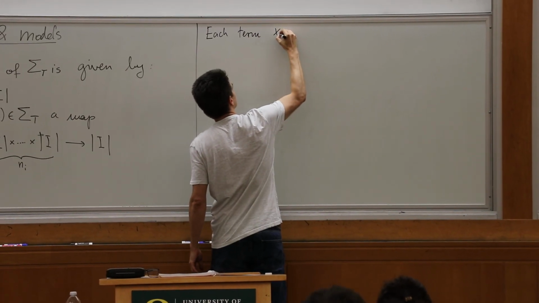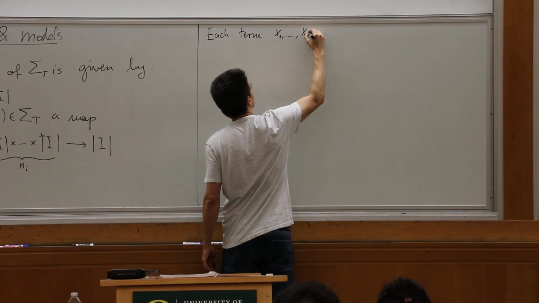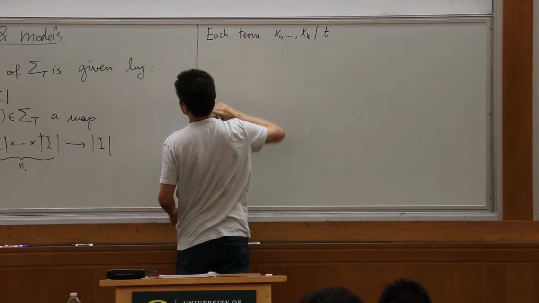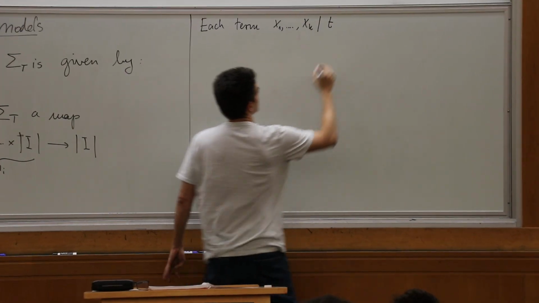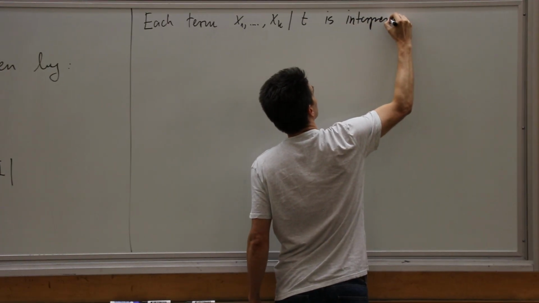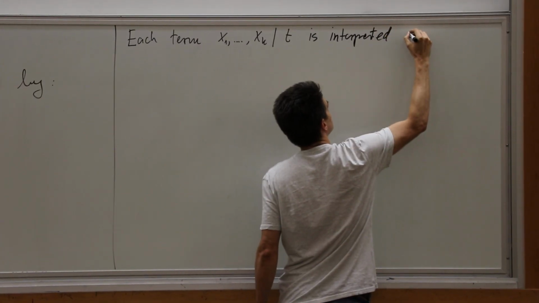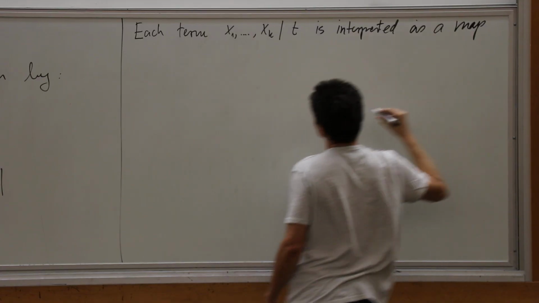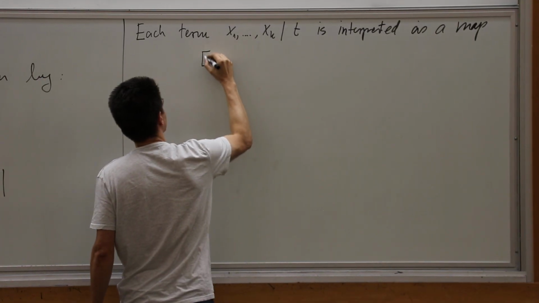So if I have a term in a context, let me write it like this. If I have a term, and this is a term in this theory, of course, it is interpreted as a map, so I'll write the semantic bracket here as well.